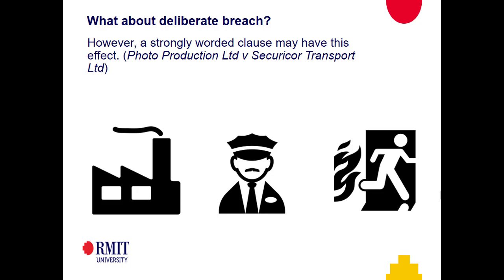Secure Record provided security services to a factory, building, warehouse that was owned by Photo Production. The security guard was not hired negligently, good guy, knew what he was doing, had the right kind of experience, but the place was really, really cold at night.